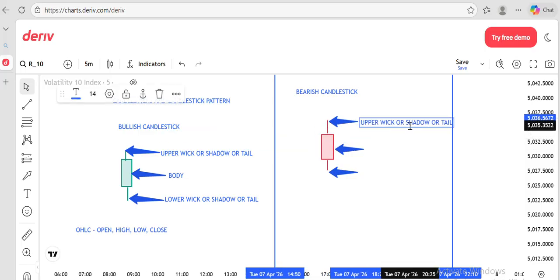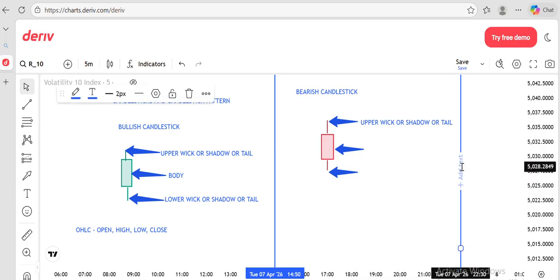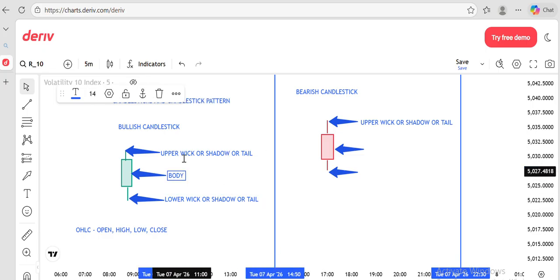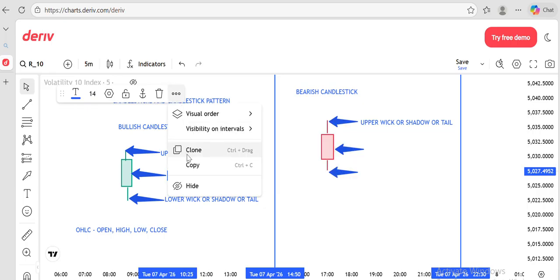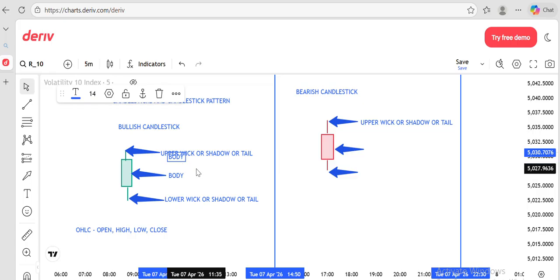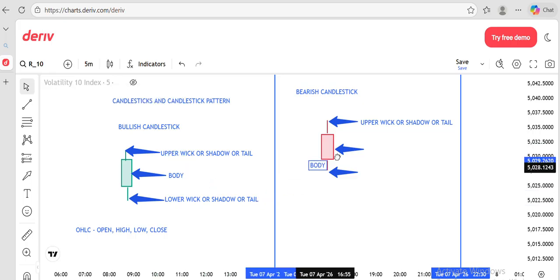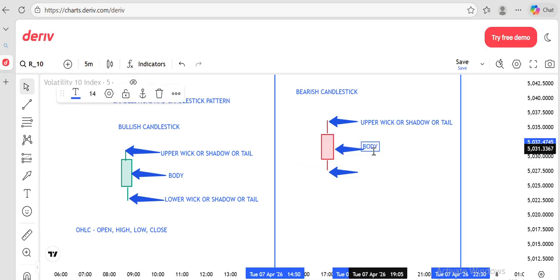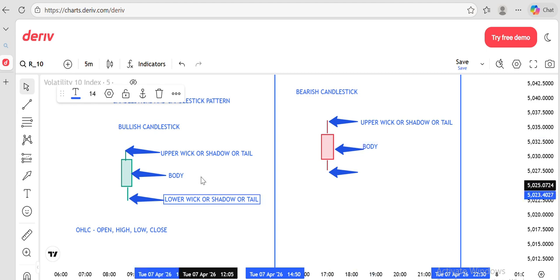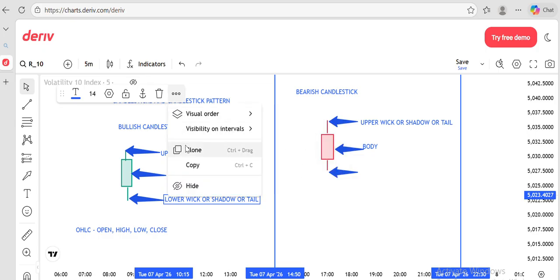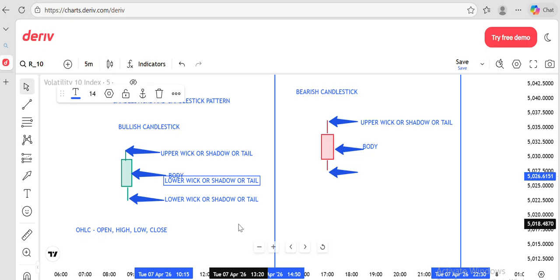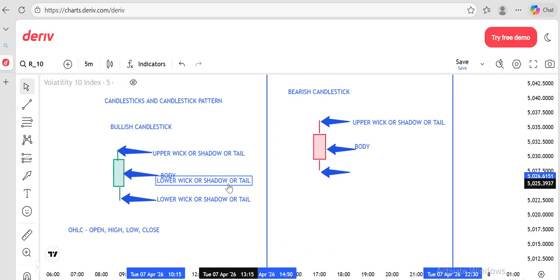Upper wick, upper shadow, any one that you like to remember, please do well to just know it and understand it. Then we have the body. Then we have the lower wick.